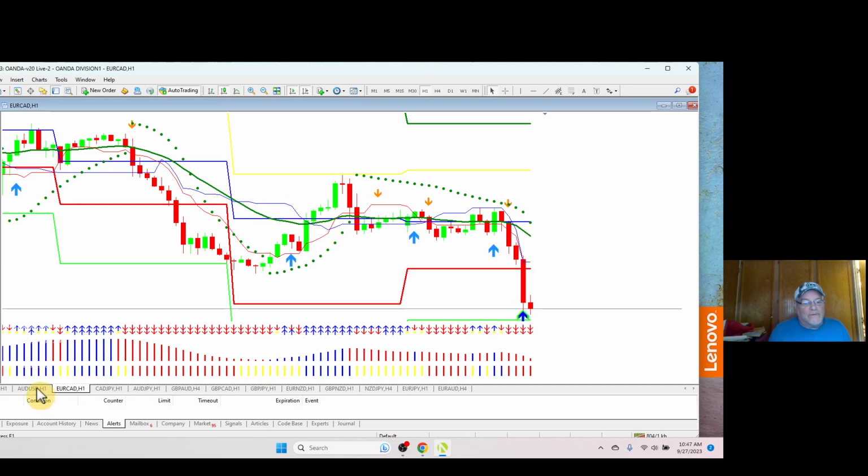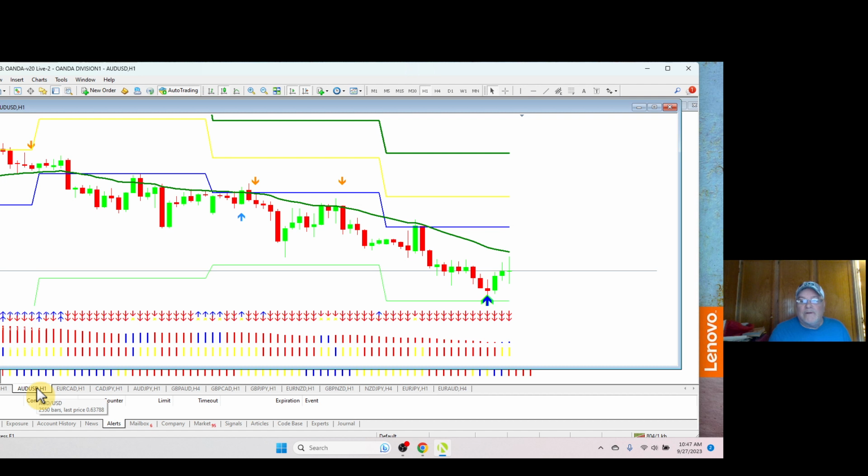And let's see, where's the Aussie dollar 1 hour? Still not going anywhere. I'm noticing on the futures, and I've noticed this for the last week or two, that anytime there is an up move on the Dow, S&P, or NASDAQ, it's getting beat down.